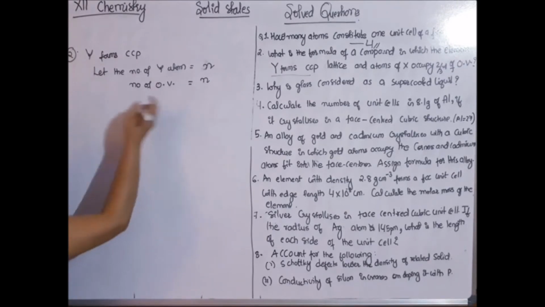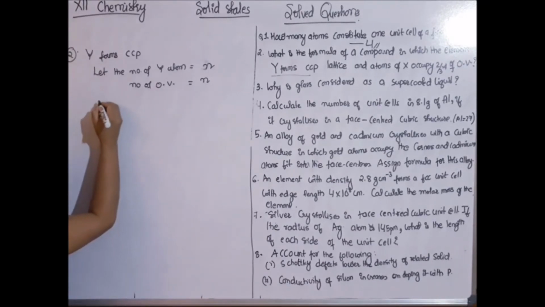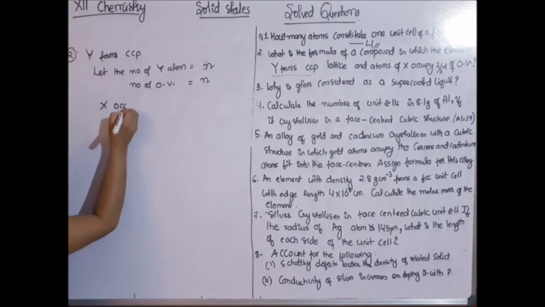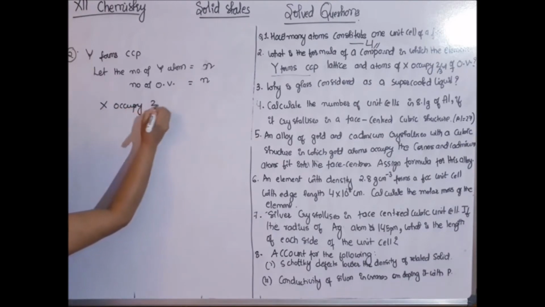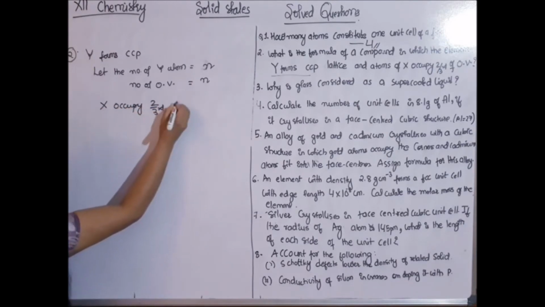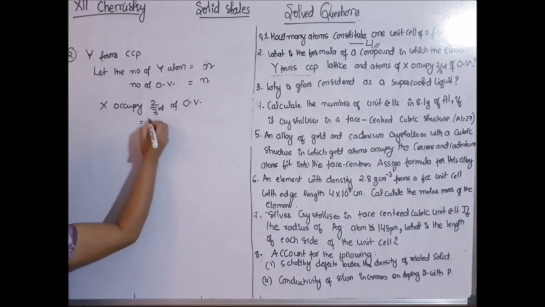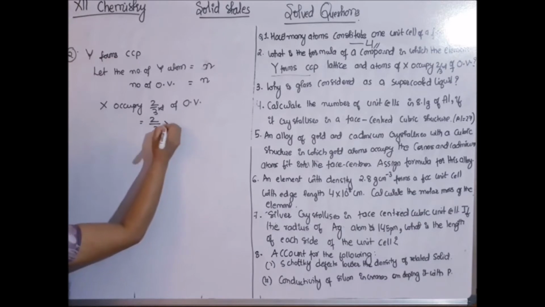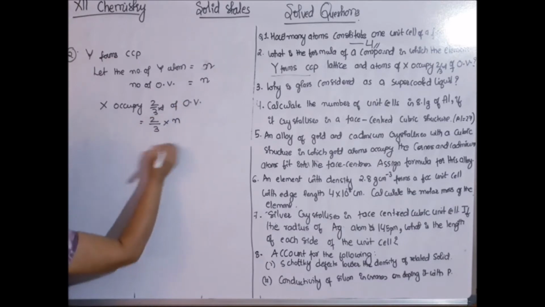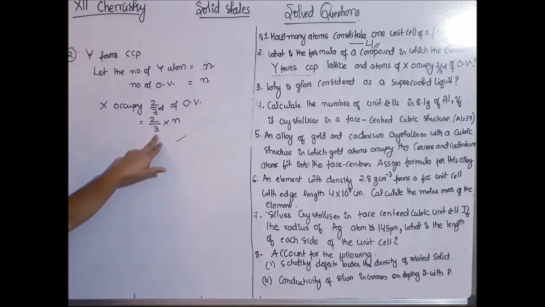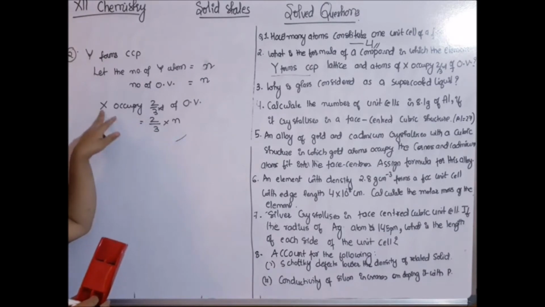Now X occupies 2/3 of the octahedral voids, which means X occupies 2 by 3 into n positions.